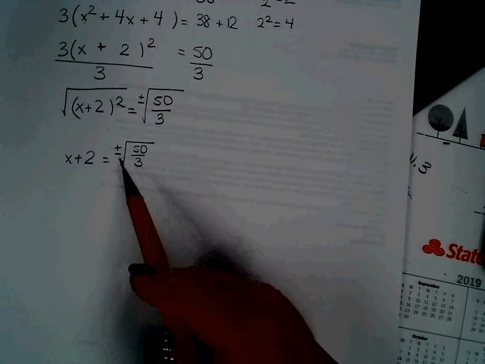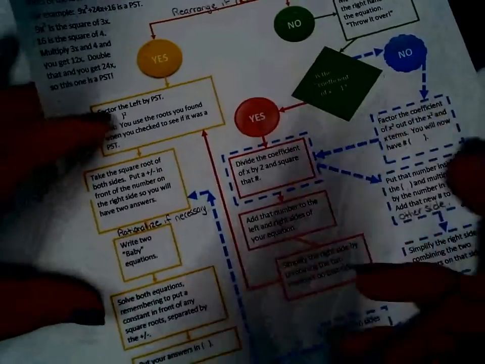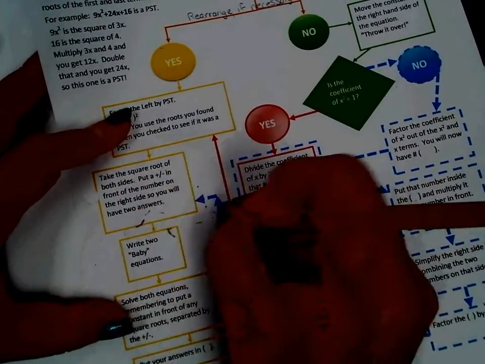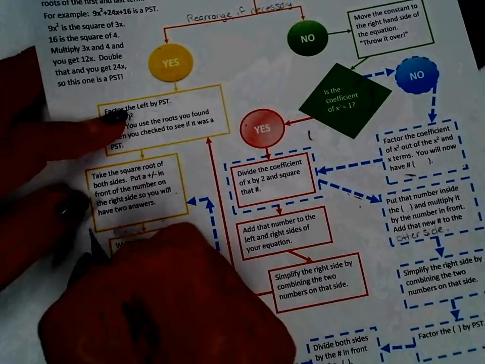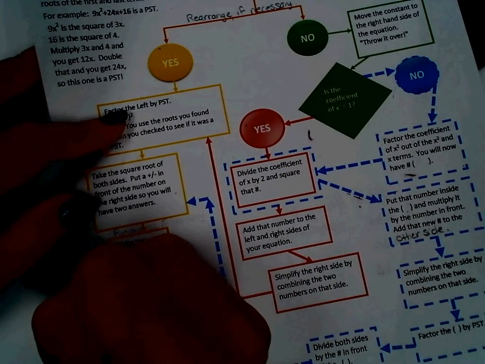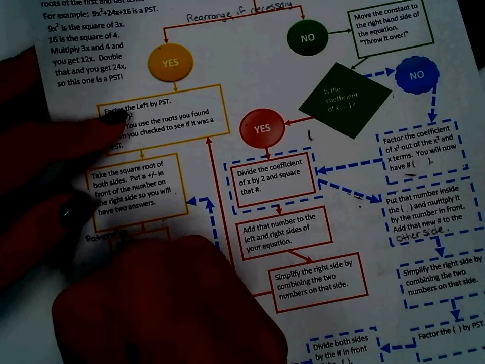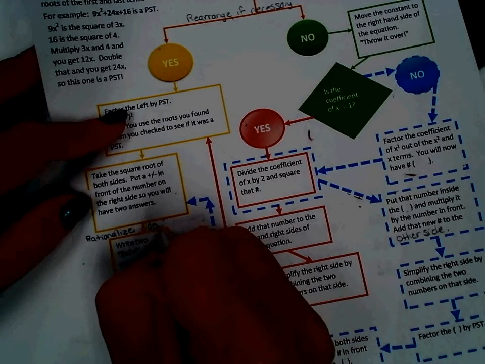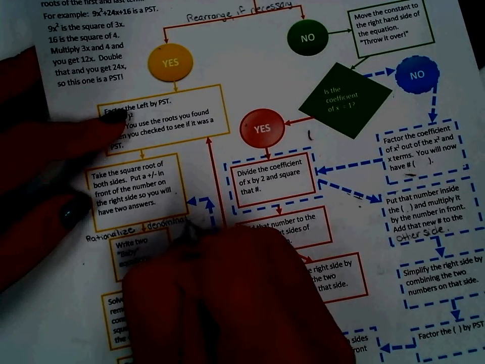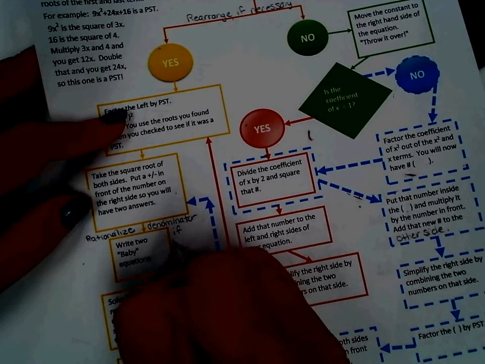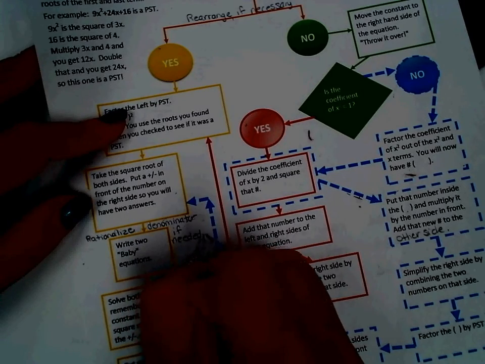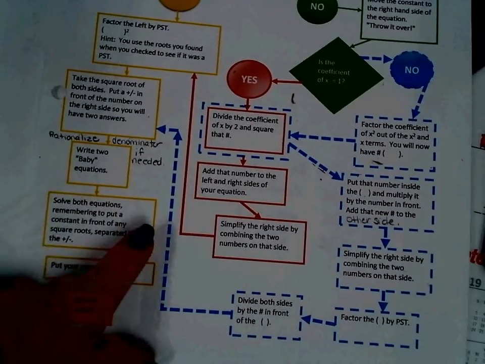Rationalize means make a number rational. Actually, we'll make it even better. Rationalize the denominator if needed. Okay, rationalize the denominator if needed.